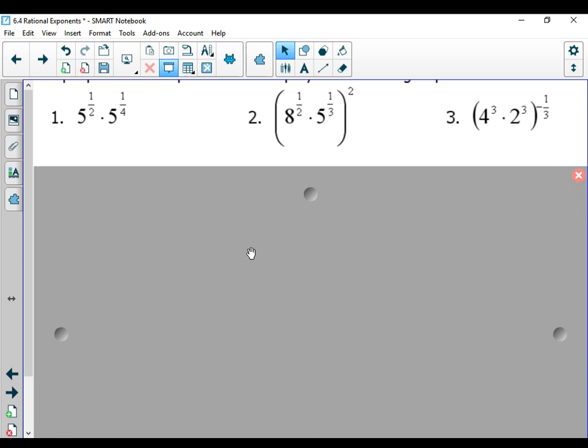Okay, go ahead and simplify. If it can be completely simplified, go for it.